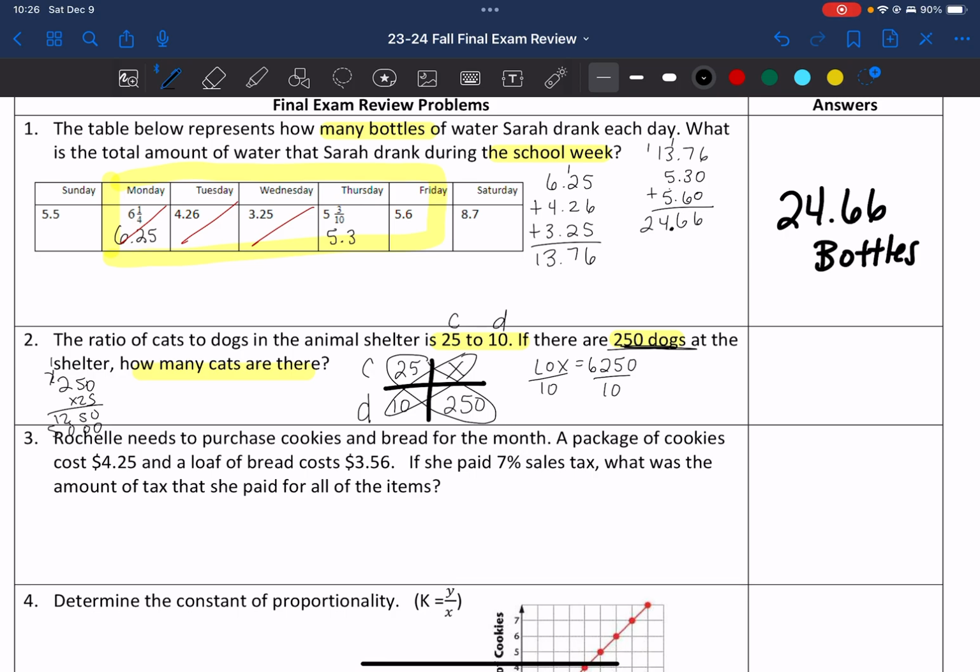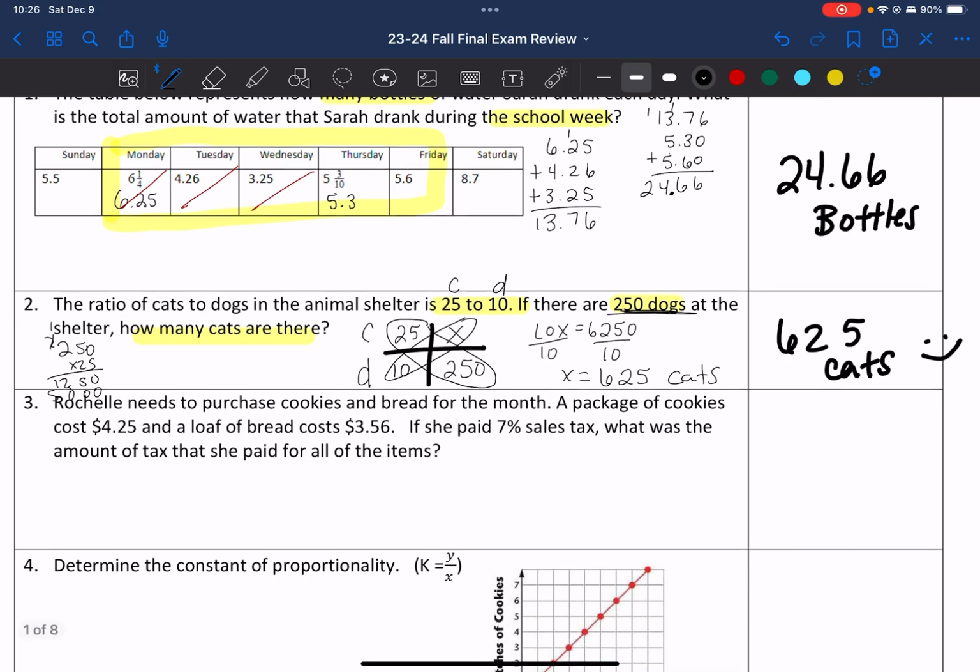And here, that is going to be 625 cats. Okay. All right. So here, my final answer is going to be 625 cats. If you got that, great job.